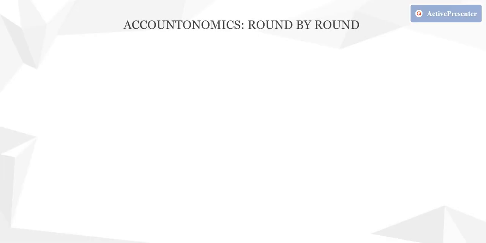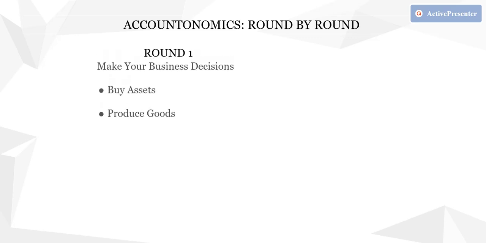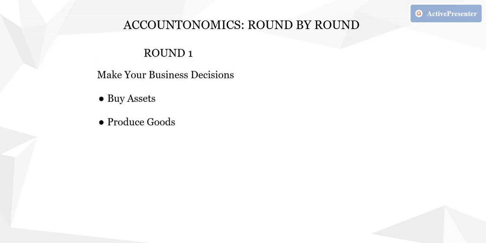Before we get too deep into the round, I want to cover the flow of the round. The first thing that's going to happen in round one is that you'll make business decisions. You'll be buying assets and producing goods. Then you'll meet a submission deadline when all of that has to be turned in and submitted for the market to do its calculations to see how you did against the other teams.